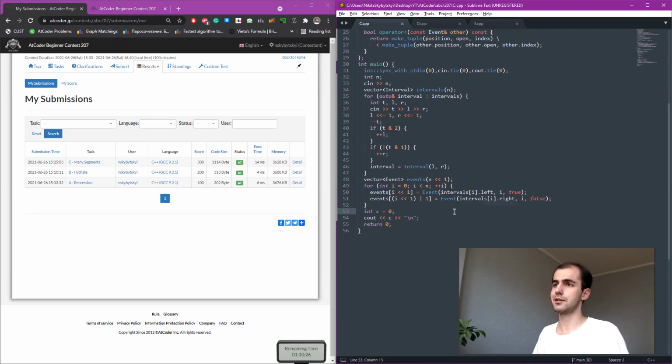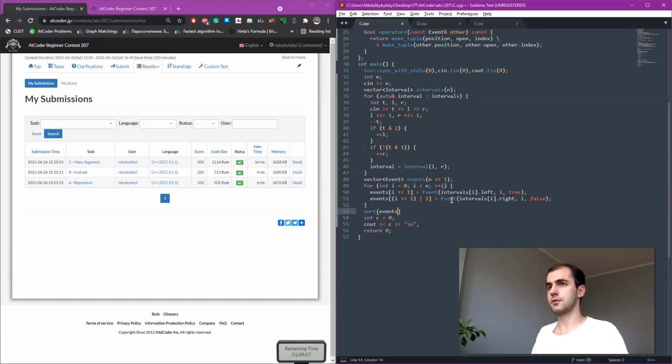So if you're used to writing 2i plus 1, use 2i plus 1. If you're not used to thinking about indices in general, you can always push back into the vector of events, or even emplace back, which I believe could be faster here. Not sure. I think the fastest way is to reserve and then emplace back because of the construction time, but that's something you gotta test yourself.